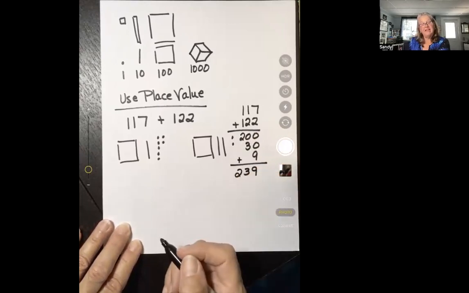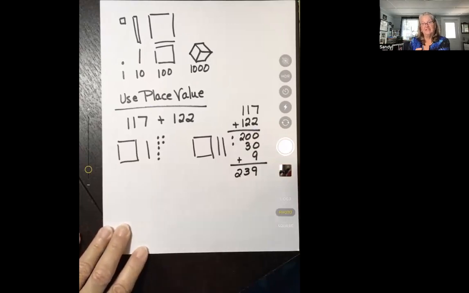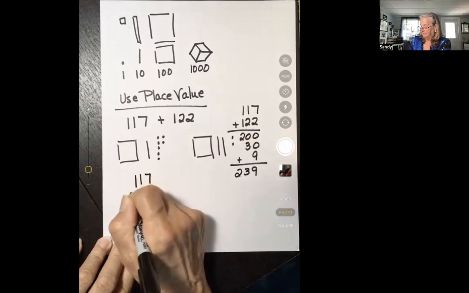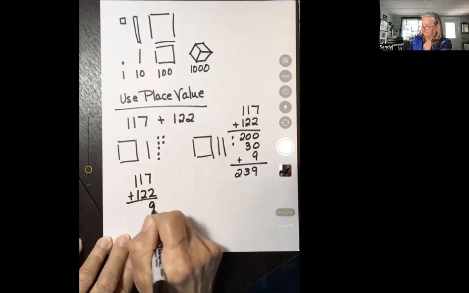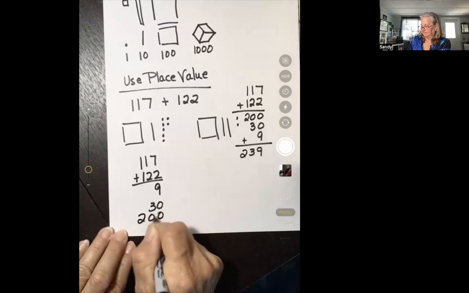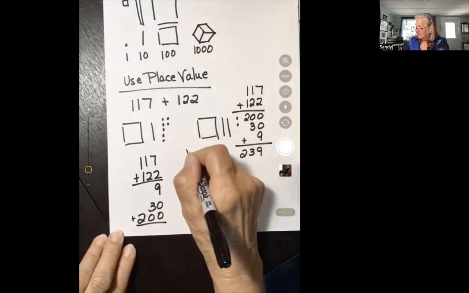When I'm using place value, I'm not required to go right to left, okay? Because I'm writing each partial sum, each place value sum. Now, I could have gone right to left. That would have been fine. I could have started in the middle.